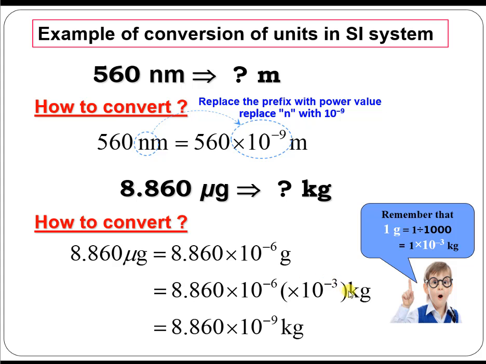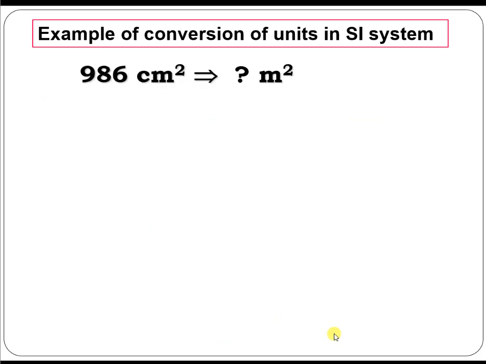So gram, we change it to kg, so we have times 10 to the power of negative 3 kg. Then we solve it carefully and we get the answer in kilogram, which is 8.86 times 10 to the power of negative 9 kilogram.